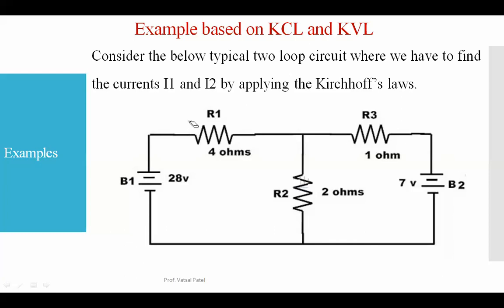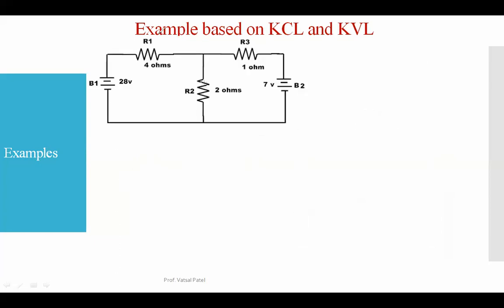So now in this circuit, suppose we assume the direction of the current here. First of all, I will consider the loops. There are two loops I'm considering here. You can decide the loop direction by yourself. It is not mandatory, there are no certain rules over here.